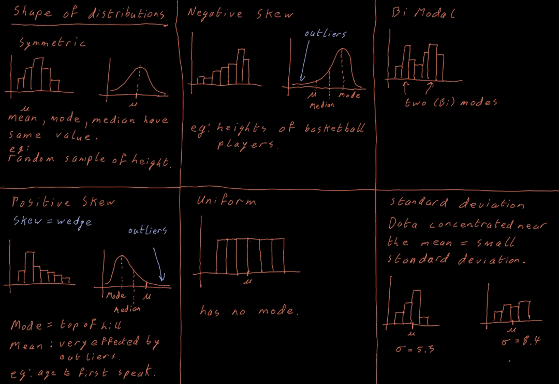So when we're trying to make a judgment about standard deviation, we're saying, well, how spread out away from our mean is the majority of our data? If it's very spread out, we have a big standard deviation, a big average difference. And if it's quite concentrated, we have a small standard deviation, a small difference on average from our mean to our data points. And that is what we need for the shapes of our distributions.